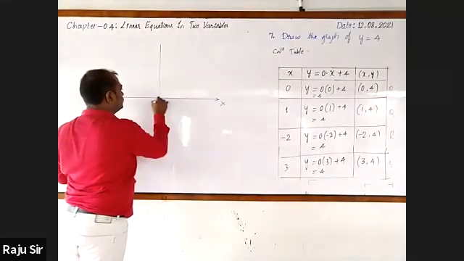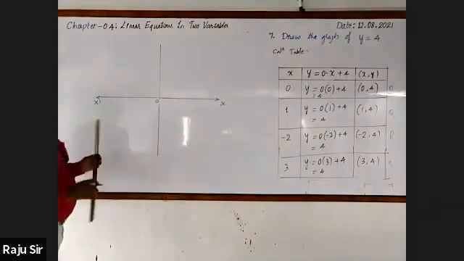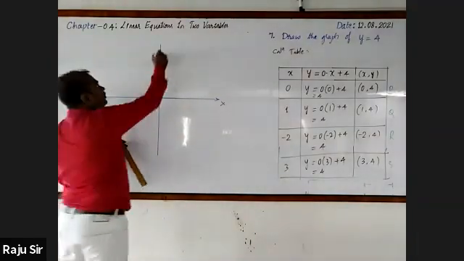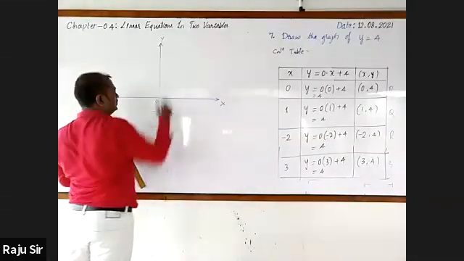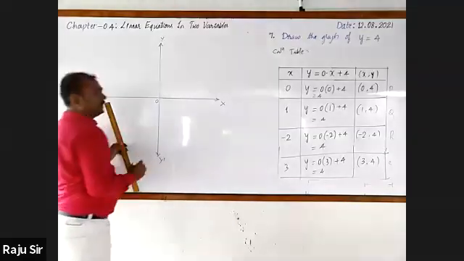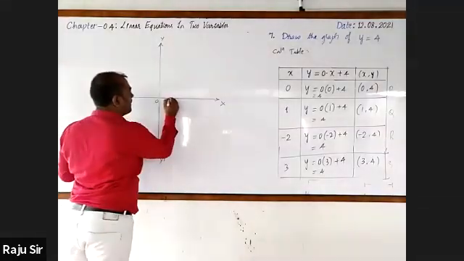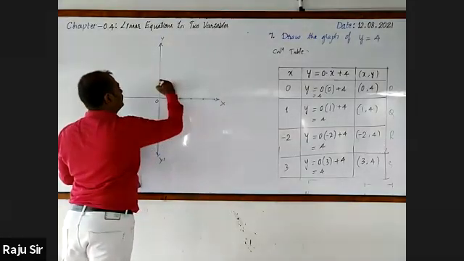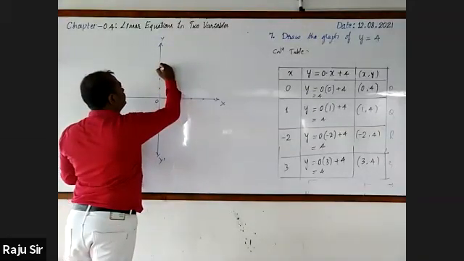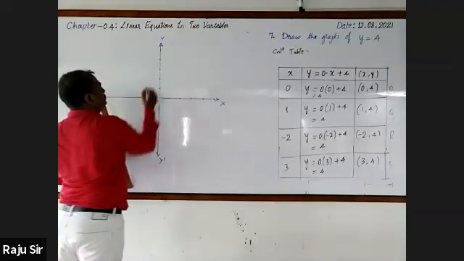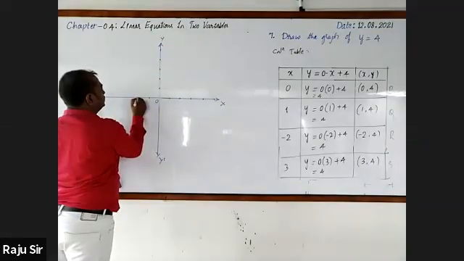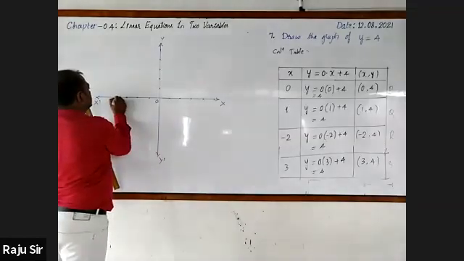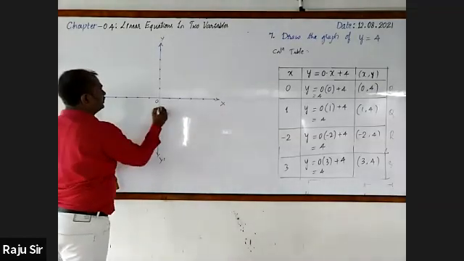With X, O, X dash, and the vertical line is Y, O, Y dash. 2, 3, 4, 5.